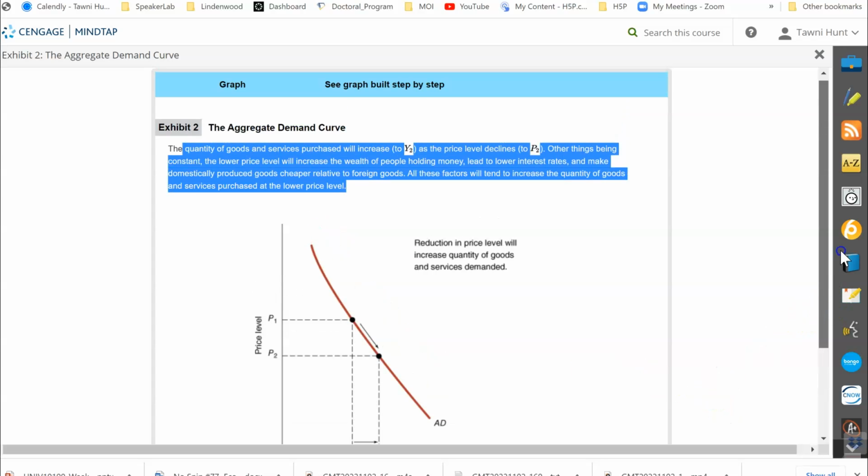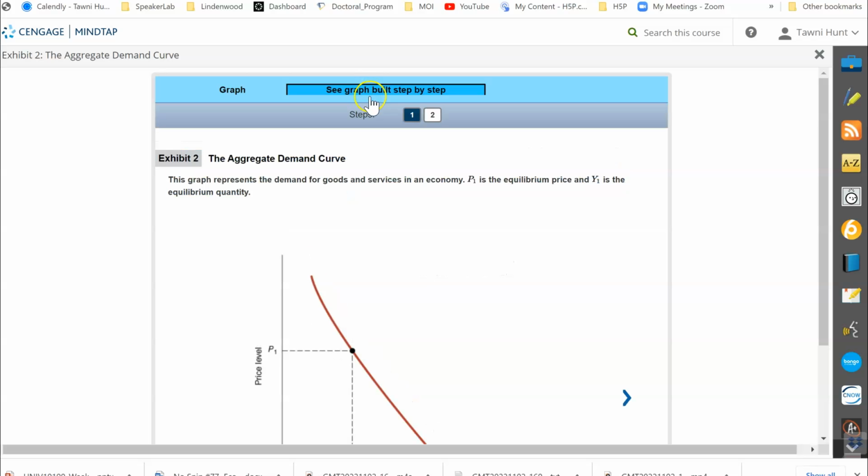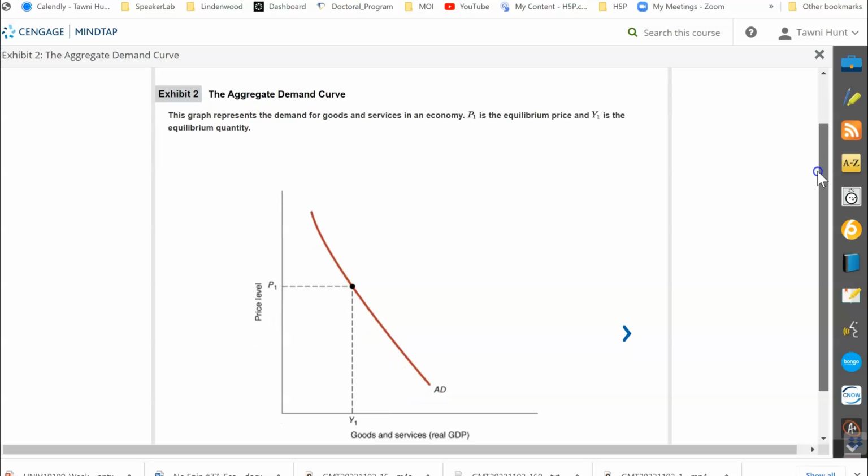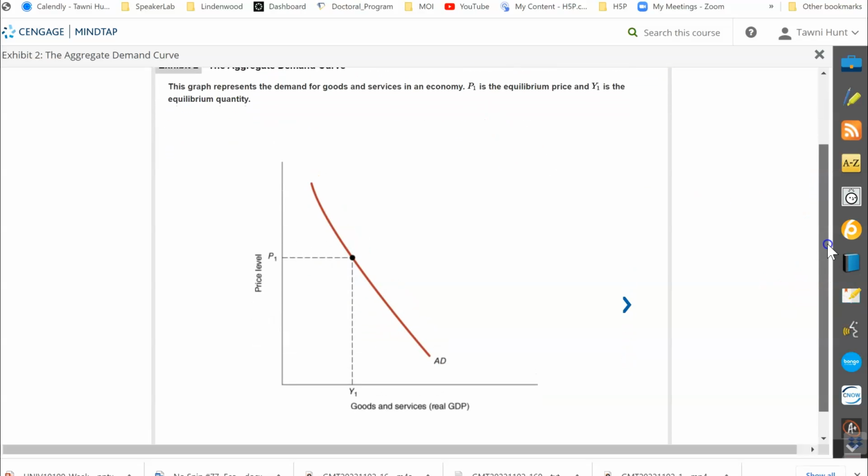So understand what an aggregate demand curve is and be able to interpret it. Once you've done that, click on the next piece here and try to graph your own aggregate demand and aggregate supply curve. In this economy, it says the graph represents the demand for goods and services in an economy.